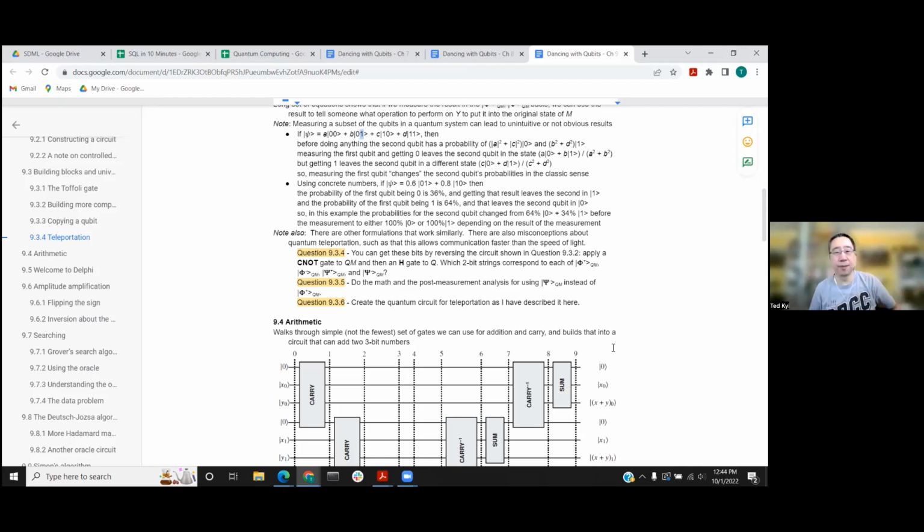Okay, cool. The other misconception that I read about is that they call it teleportation, but it really has nothing to do with the Star Trek transporter. This isn't really teleporting matter. It's more teleporting information, teleporting state information.